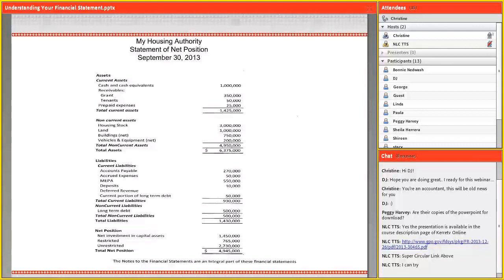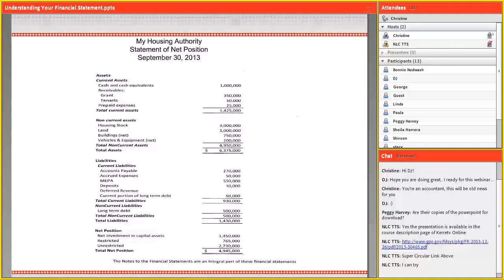Then we've got our receivables, and we're going to list it in order of liquidity, meaning how quickly could it become cash. So we always start with cash itself. We go to receivables. Most housing authorities, you're going to have a grant receivable for the reasons we discussed earlier. If you have to spend your money before you can draw it down, you will have a grant receivable.